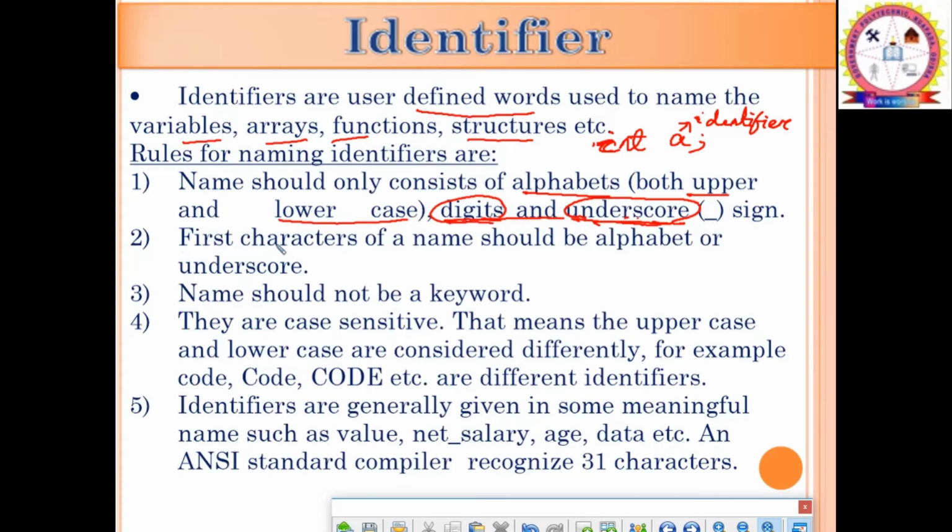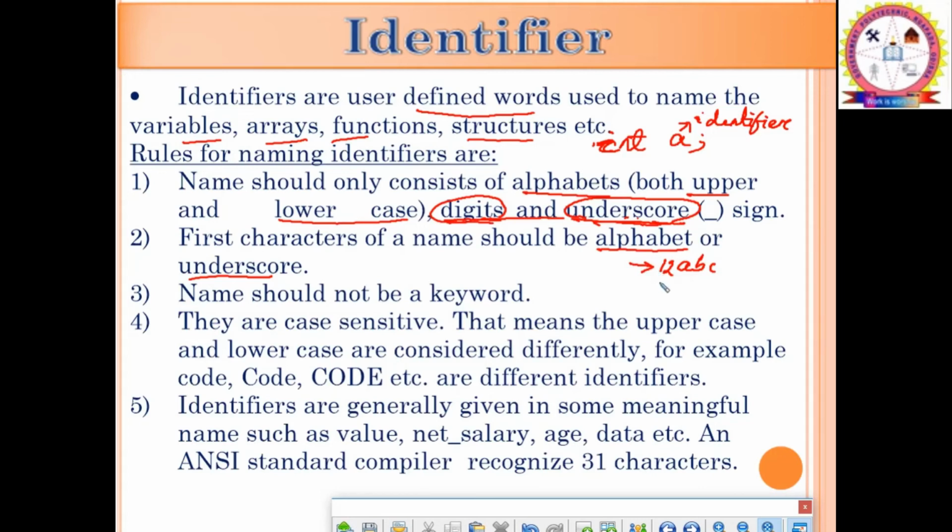Then the first character of a name should be an alphabet or underscore. That means we cannot use a digit as the first character of an identifier, like 1, 2, A, B, C. This type of identifier we cannot give.